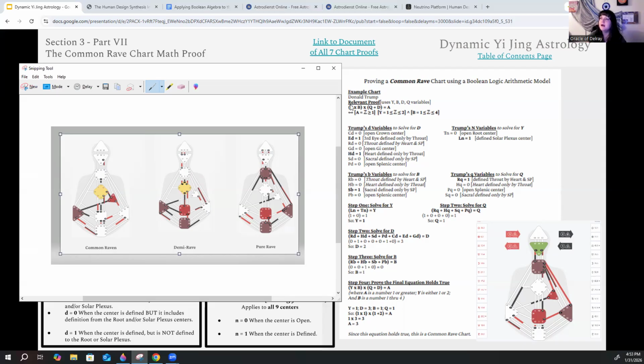You want Y to be 1 or 2, and you want B to be 1 through 4. So you want a positive Y value and a positive B value. And then one of the other two has to have a value, so they both can't be 0. You have either a Q value or a D value.